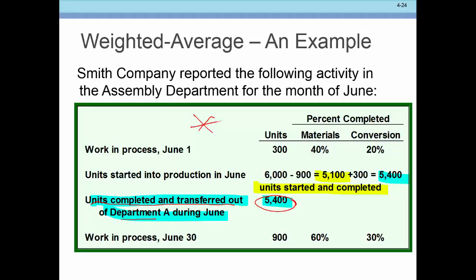So with the yellow highlighting, I'm saying 5,100 units were started and completed. And then the assumption is that we finished those units that were in beginning work in progress. That makes sense, right? You're not going to start a bunch of new cornflakes and not finish the ones that you had already started. So then you add in the beginning inventory, and that gives me the same number, this 5,400, doesn't it?